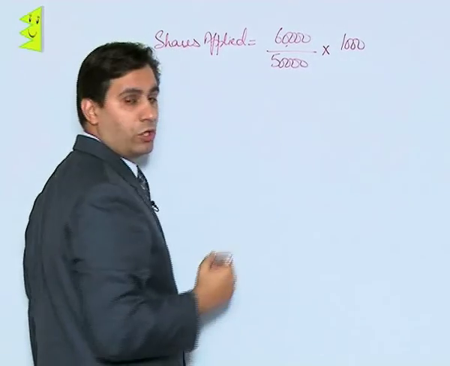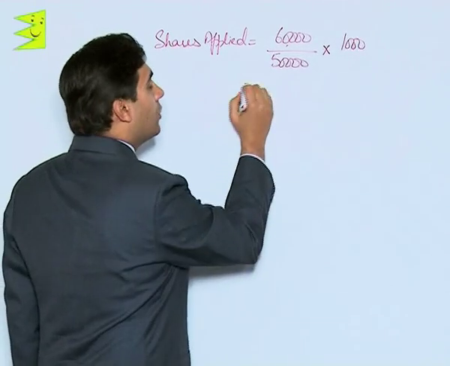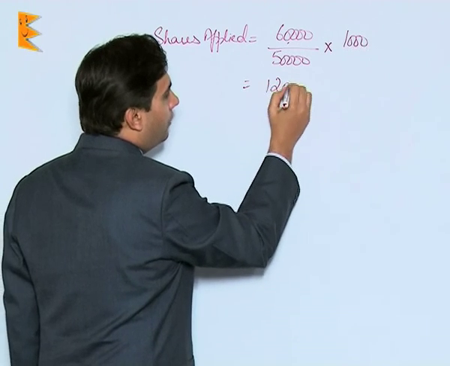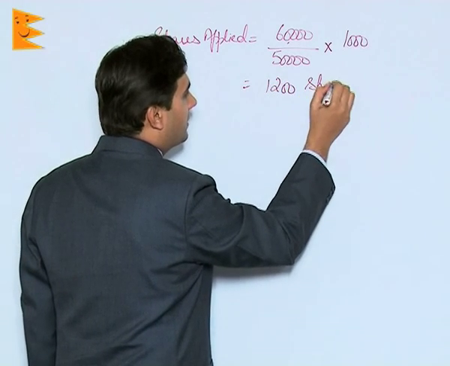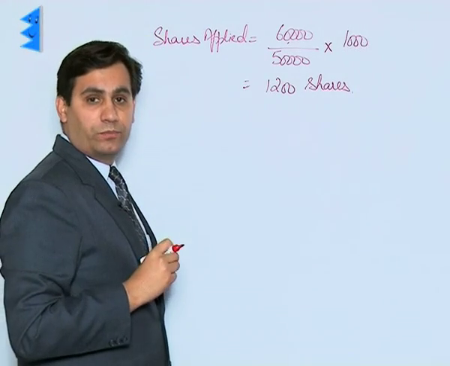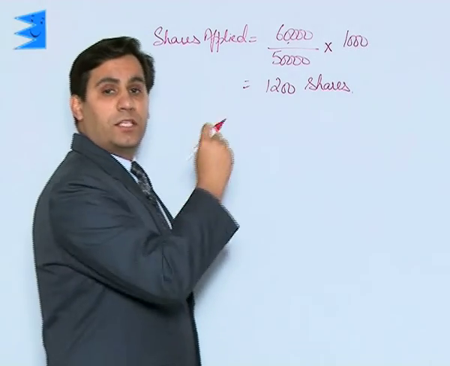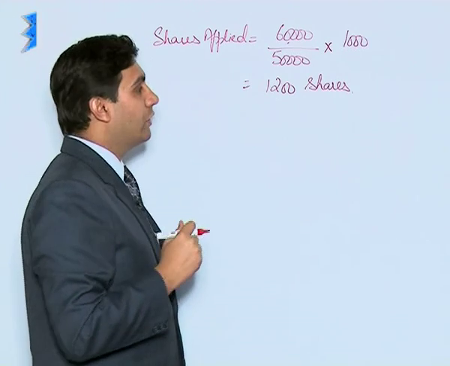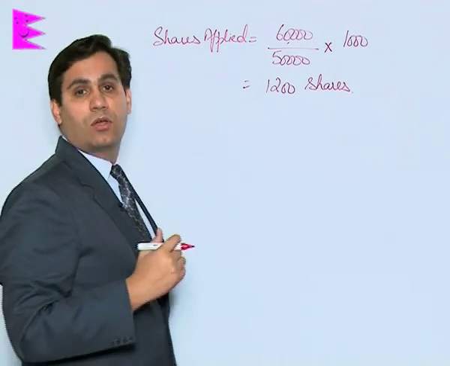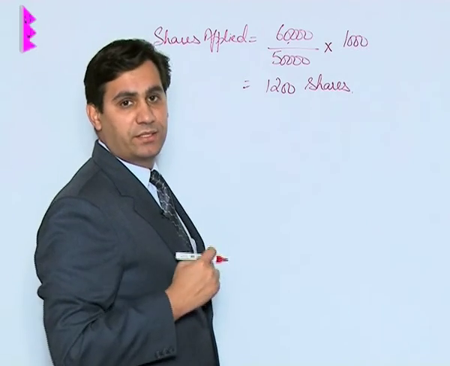That means he was allotted 1000 shares. So on calculating, we get this value as 1200, and this represents the number of shares that he had applied for. That means this particular person had applied for 1200 shares and was allotted 1000 shares on proportionate basis.